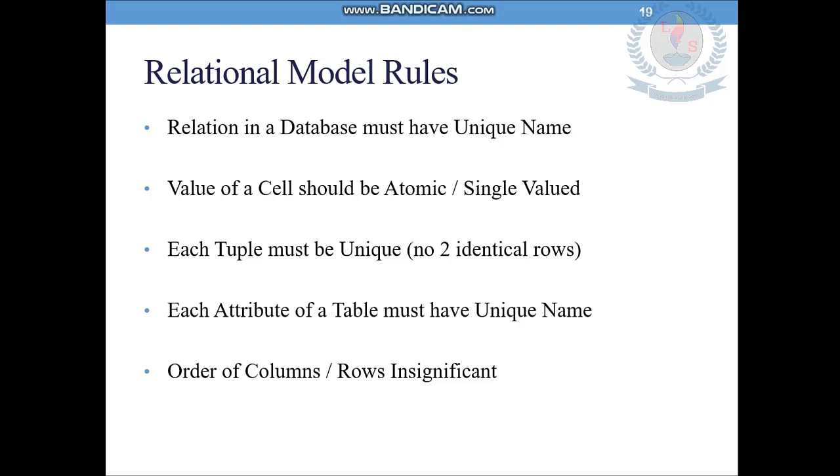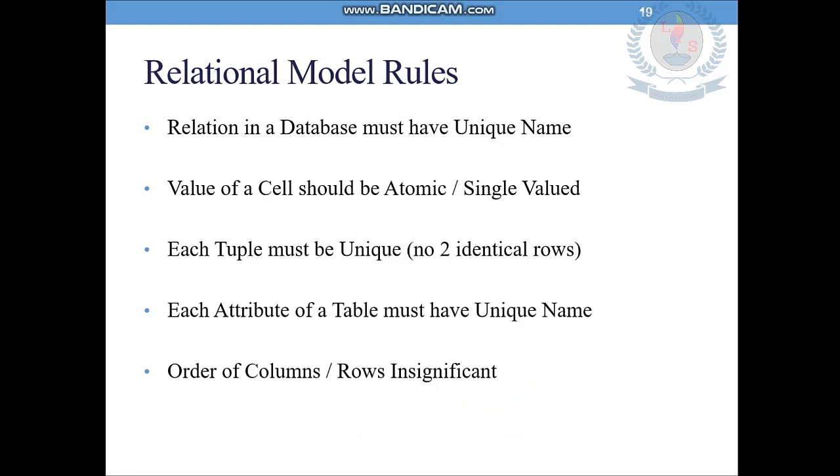The first one is that a relation in a database must have a unique name. That means in the relational database we have to put a unique name. The next one is that the value of a cell should be atomic, or a single value. That means within one cell we can write only one single value.